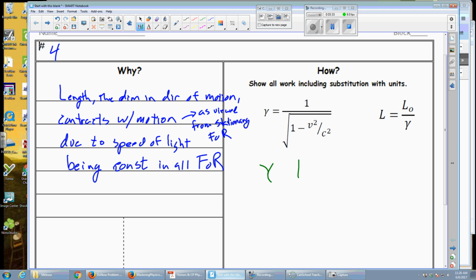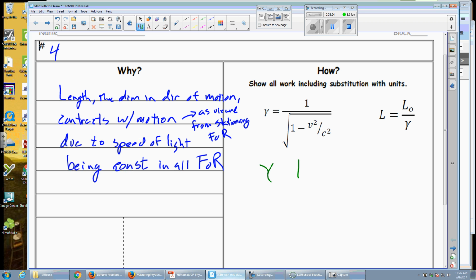If I look at V, how does V relate to C? V is always smaller than C, right? Nothing can travel faster than the speed of light. So what about V over C? How's that going to relate to the number 1?